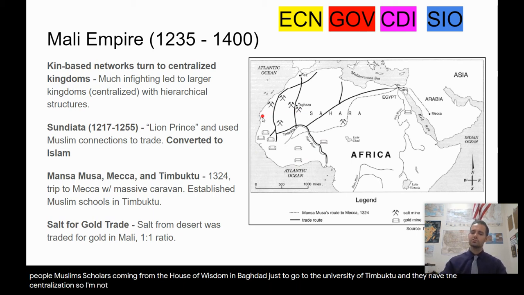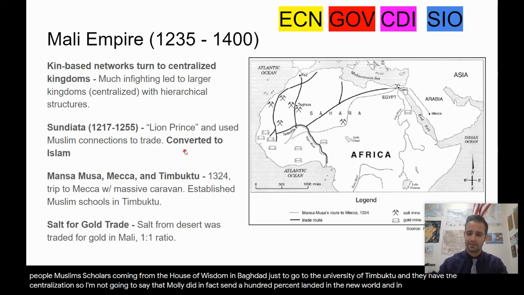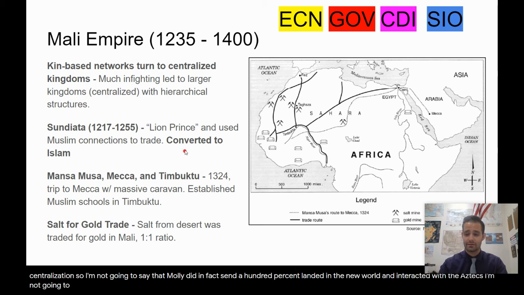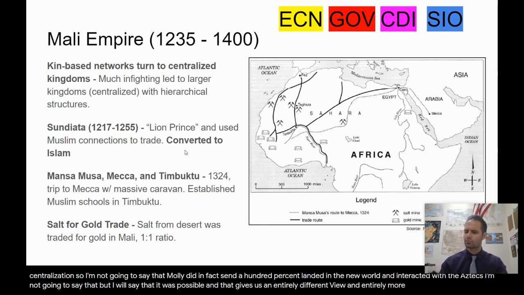So I'm not going to say that Mali did, in fact, send a sailor across the Atlantic Ocean who 100% landed in the New World and interacted with the Aztecs. I'm not going to say that. But I will say that it was possible. And that gives us an entirely different, more accurate view on the history of Africa.